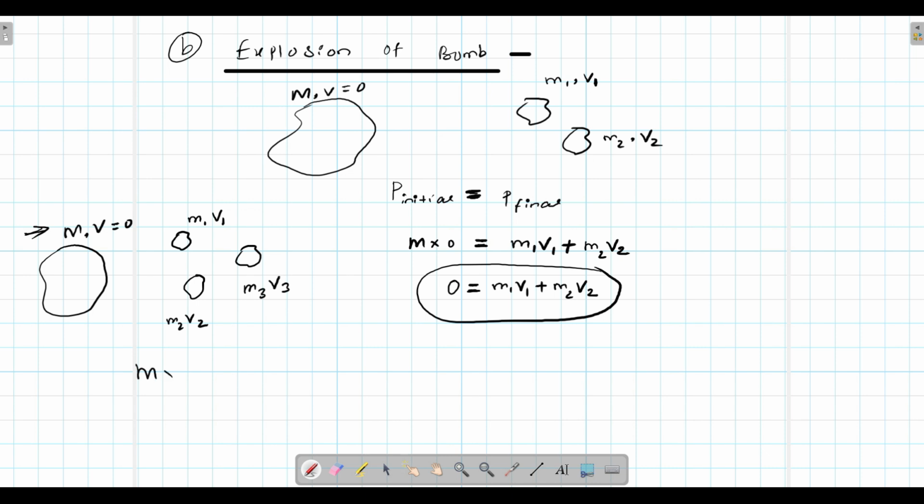So m into 0 equals m1 v1 plus m2 v2 plus m3 v3, that is 0 equals m1 v1 plus m2 v2 plus m3 v3.